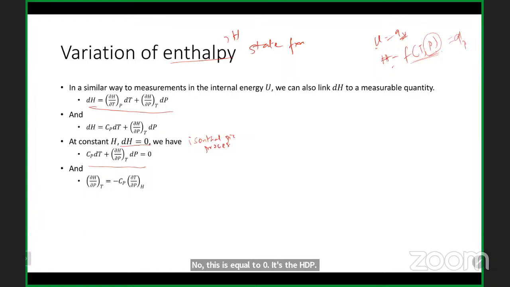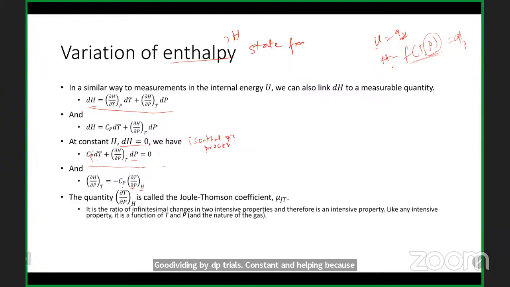And we make dT dP the subject of the formula. We have dT dP equals, taking this to this side, minus Cp dT, dividing by dP throughout at constant enthalpy, because we said we have an isenthalpic process. This thing is called the Joule-Thomson coefficient.